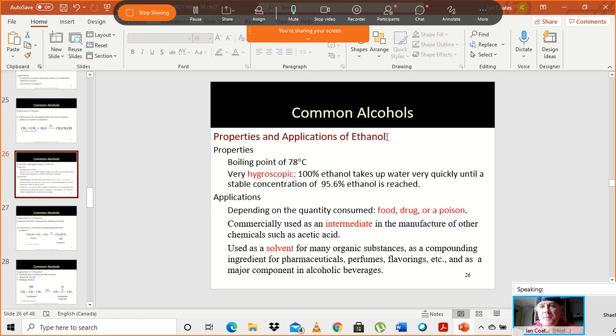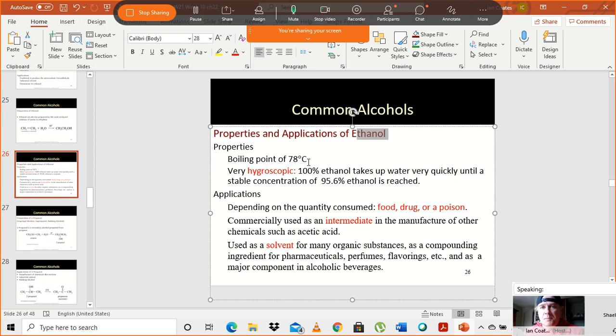Properties and applications of ethanol. You'll see there that the boiling point has jumped. For foodies and chefs all around the world, they use wine in their cooking, and they pour the wine into the bolognese or whatever. You'll see the boiling point of ethanol is 78 degrees.